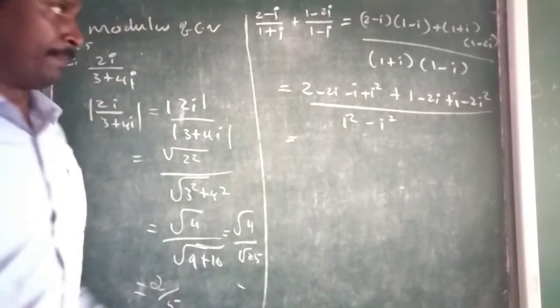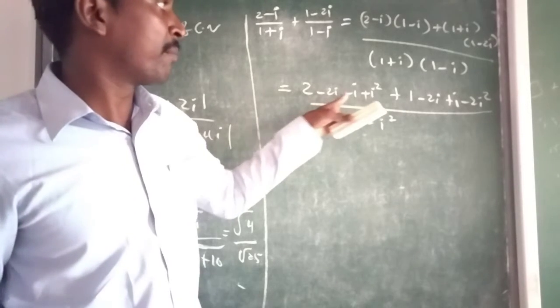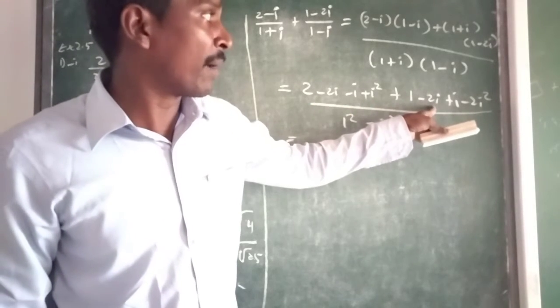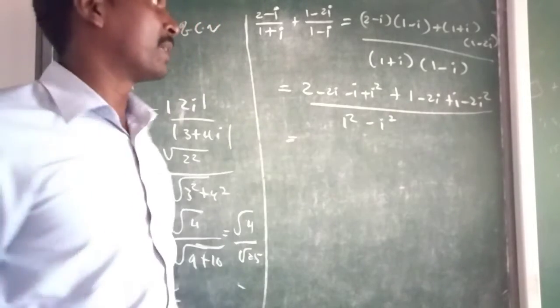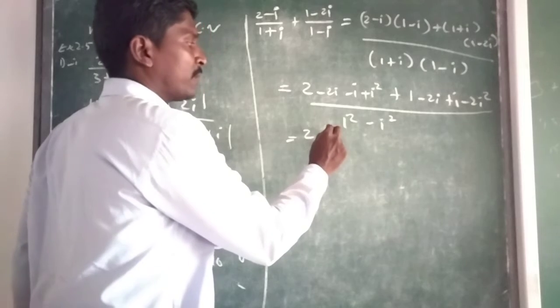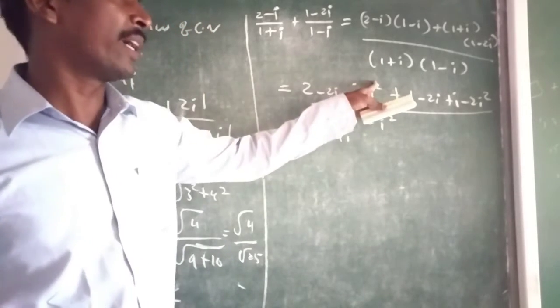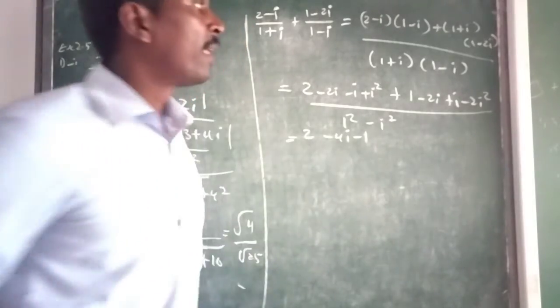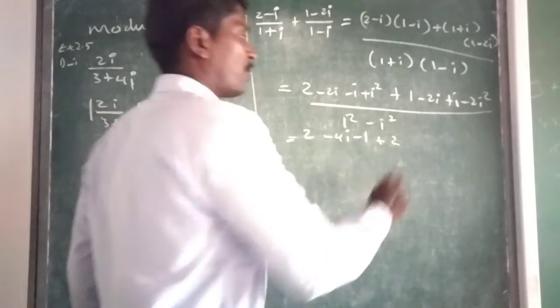Now listen. You can arrange the like terms. Here minus 2i, minus i, minus 3i, then minus 2i becomes minus 5i. Add 1, it becomes plus 4i. Hmm, so 2 minus 4i. Then i square becomes minus 1, then here i square becomes minus 1, minus 2 becomes plus 2.